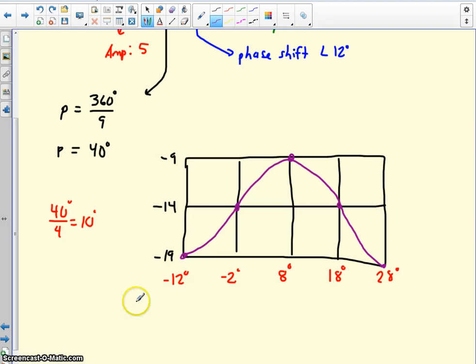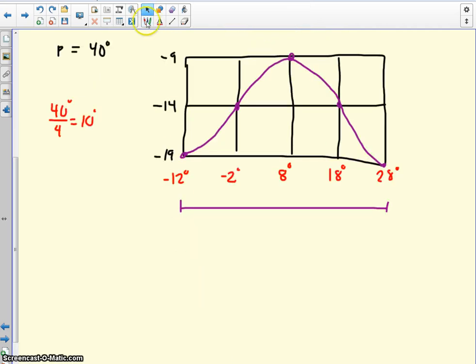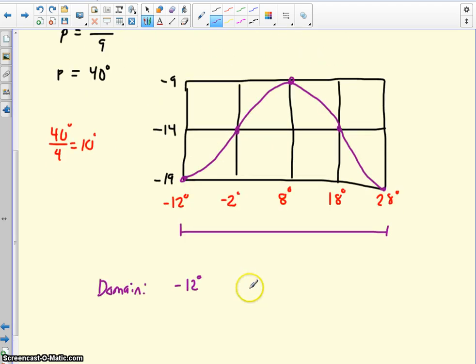So to make our life easier, what we're going to do is we're going to take the cycle that we have here and then just take the 3 cycles on the end after this to get our 4 complete cycles. So starting from here, we're starting at -12 degrees. Okay, so I'm going to choose to start at negative 12 degrees. And one cycle, you'll notice here, remember, took 40 degrees.